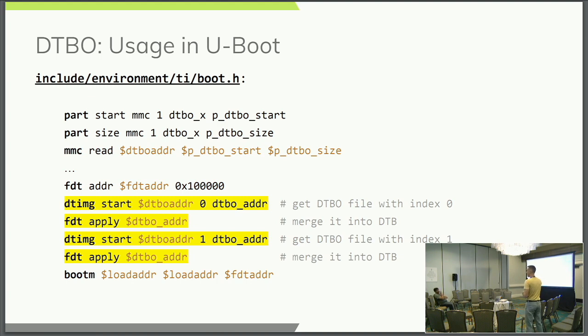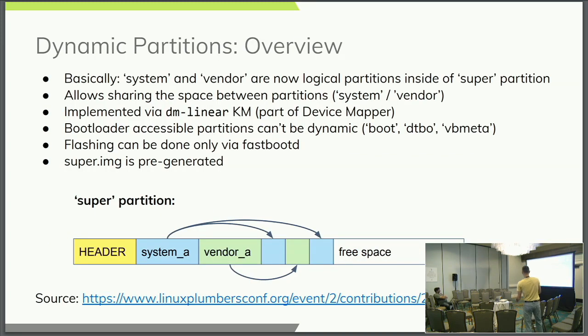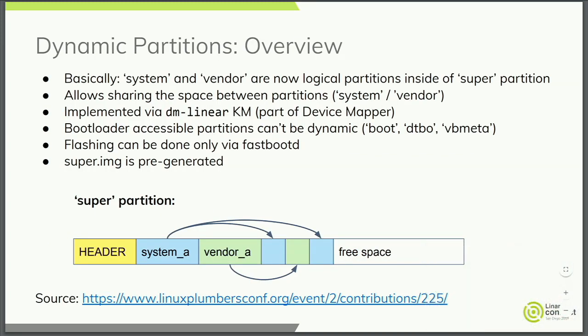And the next major thing is dynamic partitions, and it's also very major. I won't stop here for long. It allows you to interchange the space between partitions. If the system partition has a lot of space and the vendor partition doesn't have enough space, it can be rearranged in user space. But the interesting thing that comes with it is fastbootd, which provides you a way to flash logical partitions.